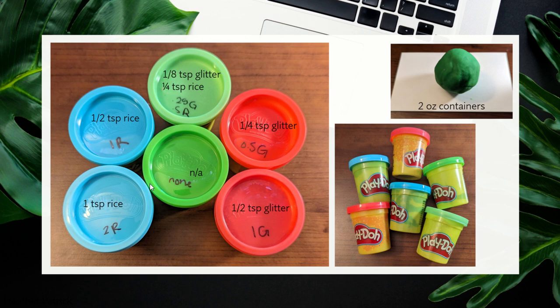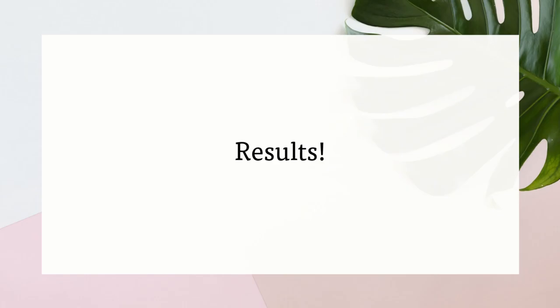It's a better example. They're at the same starting point, so there's little to no discrepancy and bias when performing these. Each of these has a little rice. Or I'll show you, a little rice is present in this sample. A lot of rice, a lot of glitter, a little amount of glitter, a little amount of rice and glitter, and then we're doing a control, which is nothing in the sample at all.